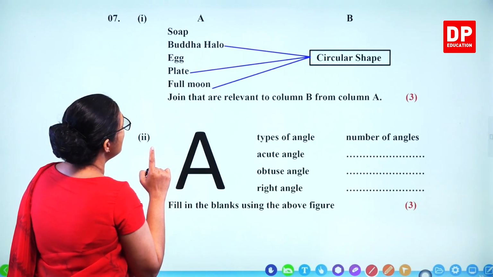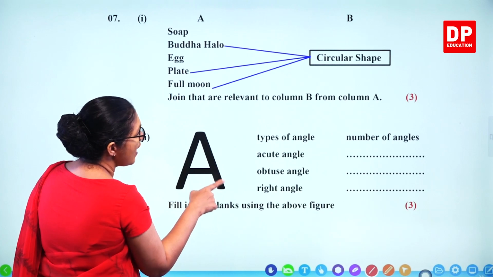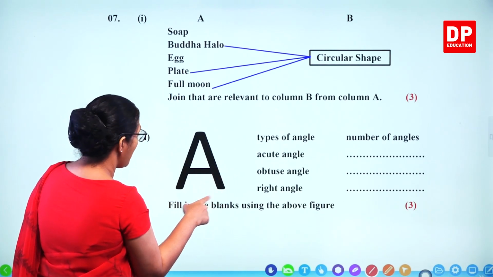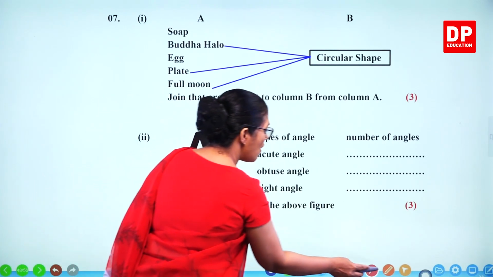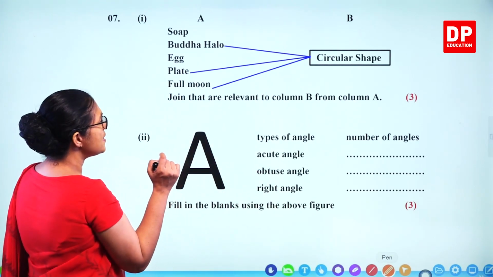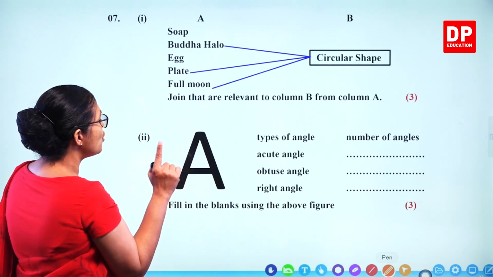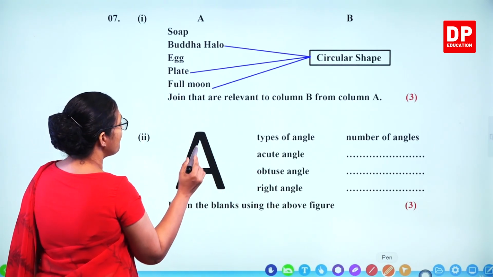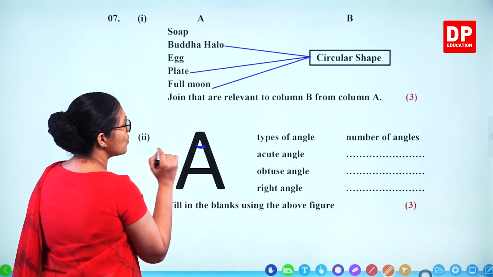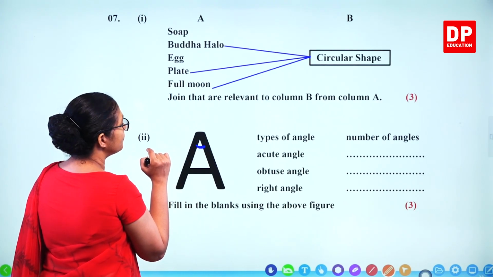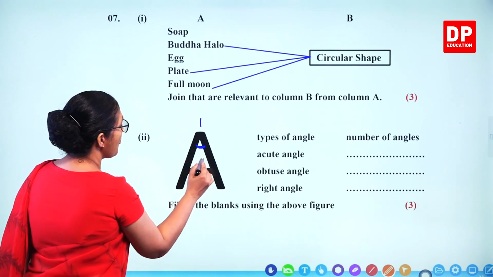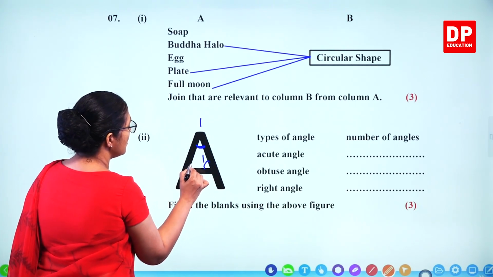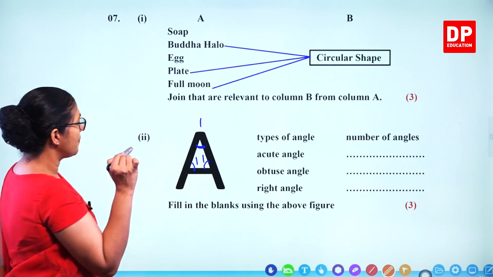Then it says types of angles and number of angles there. Fill in the blanks using the above figure. So we'll see acute, obtuse, right. So this angle is acute, 1. This is also acute. And this is also acute.